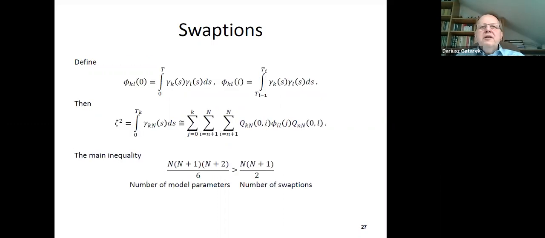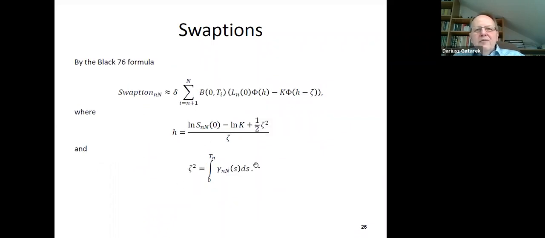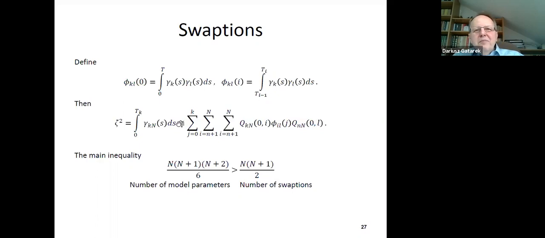Okay, so what about calibrations of swaptions? Make such definitions which are, say, pieces of correlations. Now, covariances. Covariances are more important than volatilities. And the sigma square, this one, which is responsible for the Black 76 volatility, is more or less equal to that term, under the assumption of freezing, as previously.